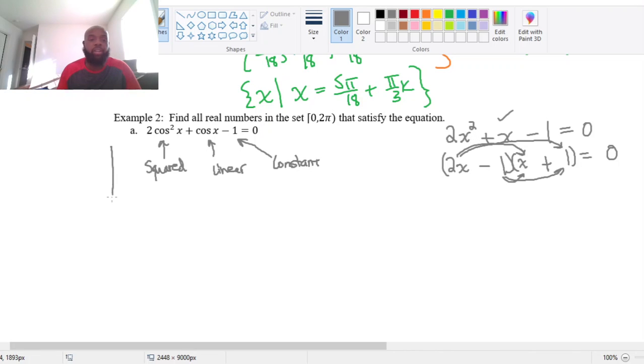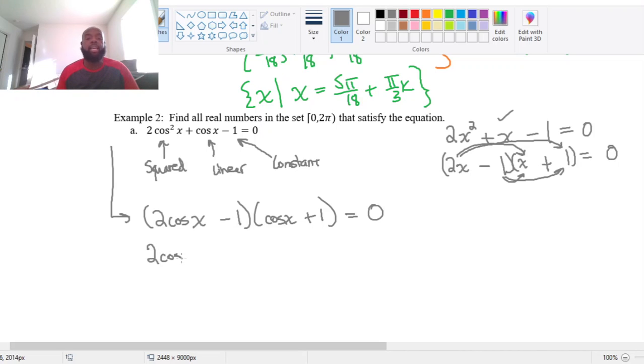So I'm going to factor this, and this is going to become 2 times the cosine of x minus 1 times the cosine of x plus 1 equals 0. And so we factor that, right? Now that we factor, we have a product of two quantities, and the product equals 0. So what I'm going to do is set each of those factors equal to 0.